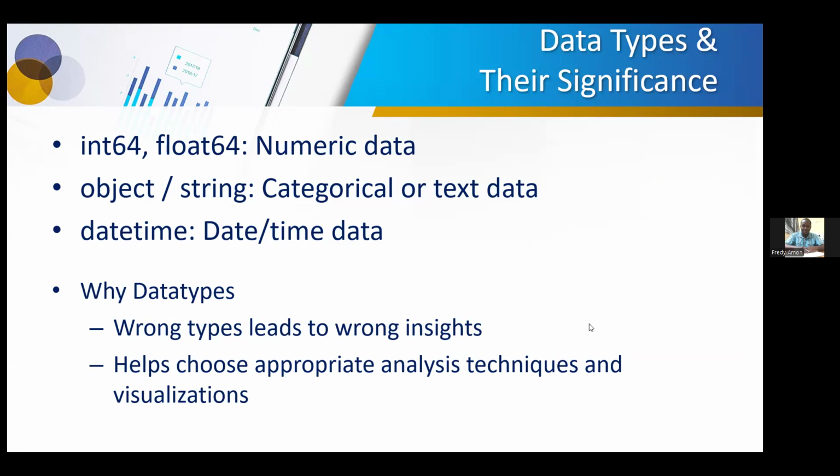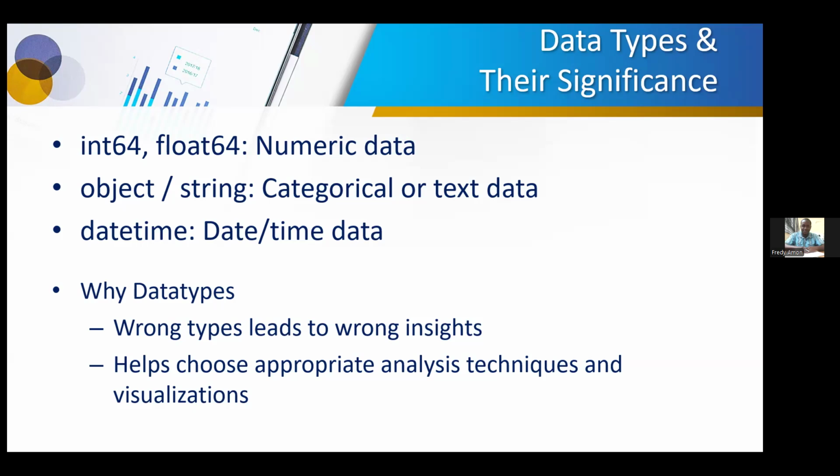When we say floats, that means numeric values with decimals. If you see object or string, the data can be categorical or text data. And datetime refers to date data or timestamps.